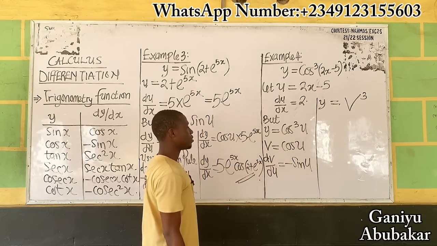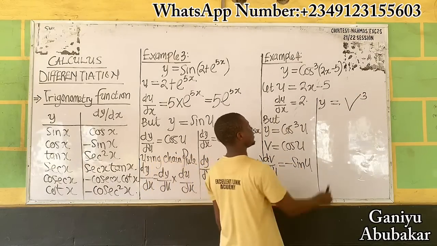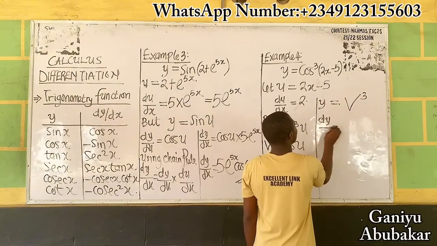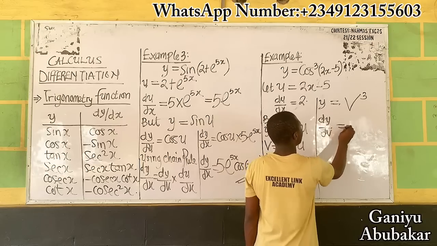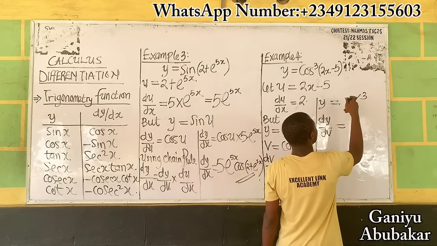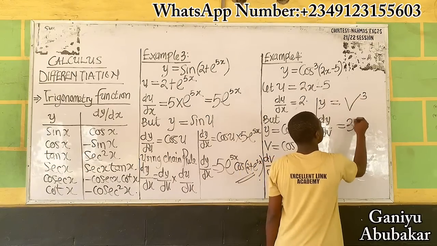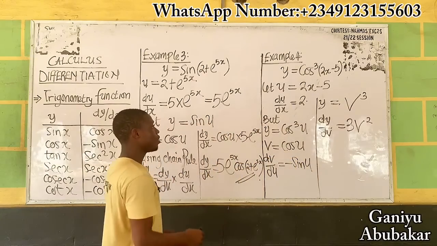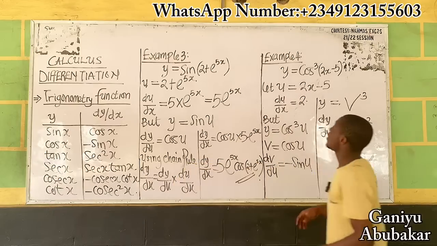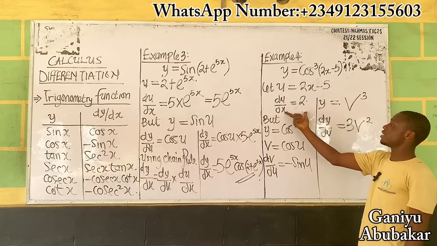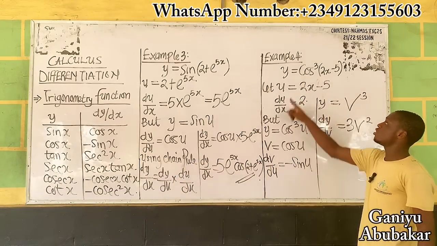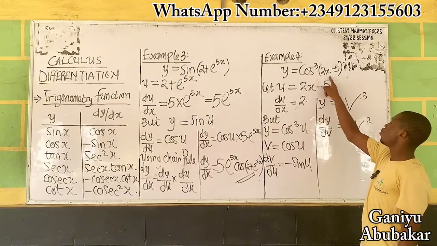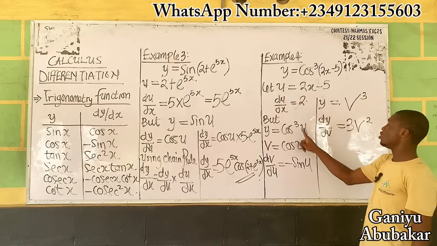Now y and v: dy over dv is equal to, differentiate v to power 3, I'll have 3v squared. This is like what you have here. First, I have this one as u, differentiate; this y equal to cos cube, this one now is u.